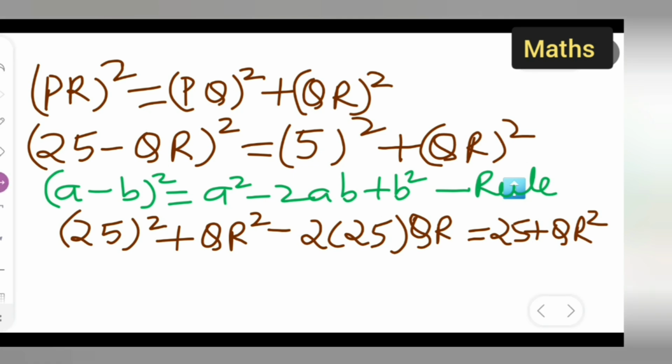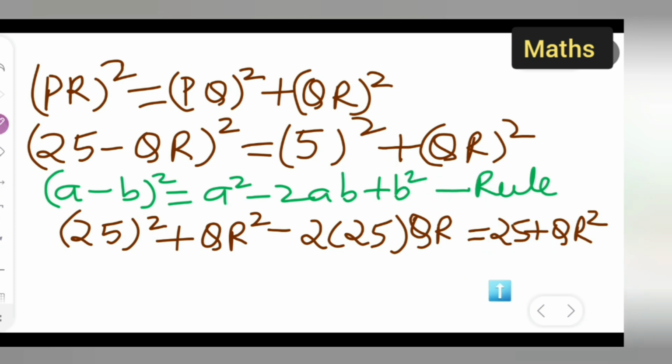Let me explain what I have done over here: 25 square, here A, in place of A 25 is there, so put square. Then B the whole square, so in place of B, QR square. So plus QR square minus 2 into 25 into QR it will be. So just multiply and write down this: 5 square is 25 plus QR square.